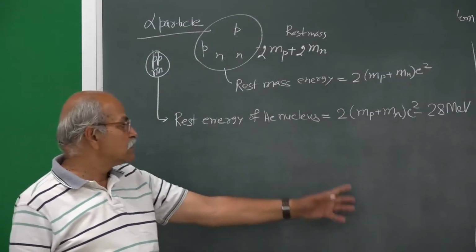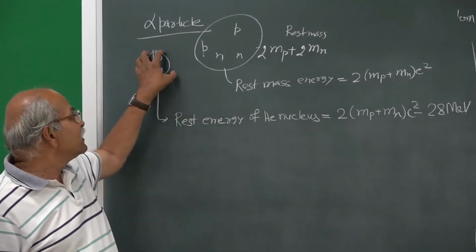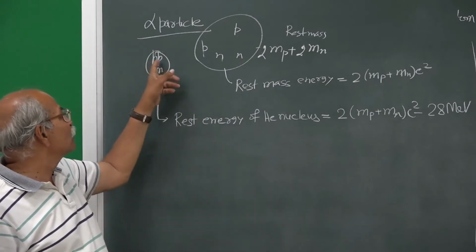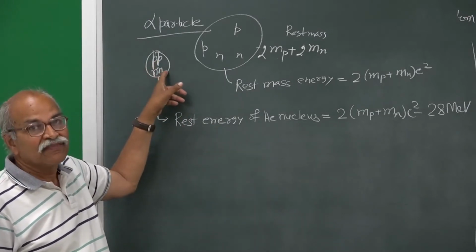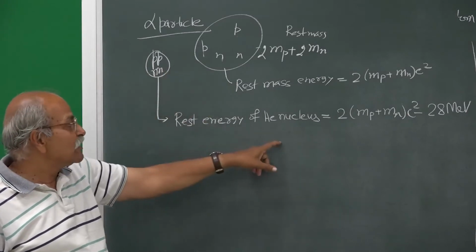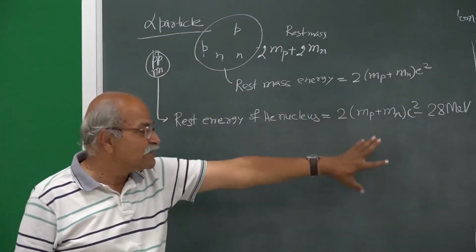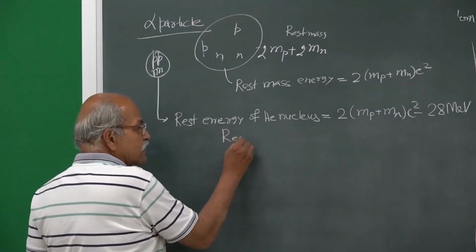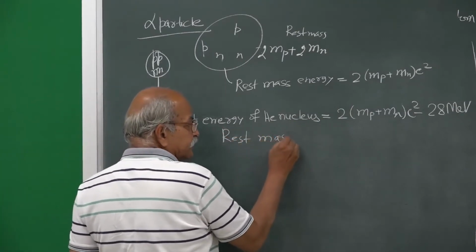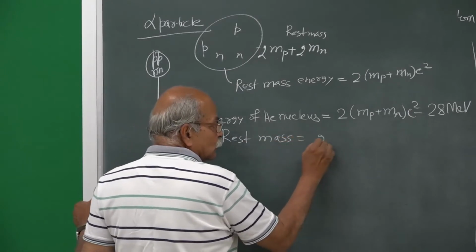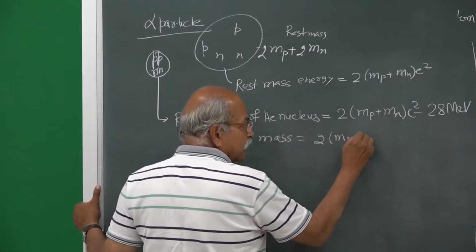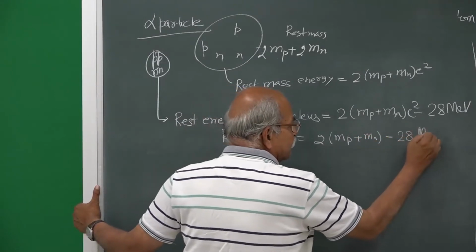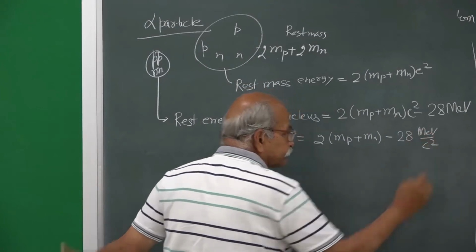So, this rest mass energy is less than the sum of rest mass energies of proton, proton, neutron, neutron. Correspondingly, the rest mass of the helium nucleus will be just this divided by c squared: 2mp + 2mn minus 28 MeV/c².